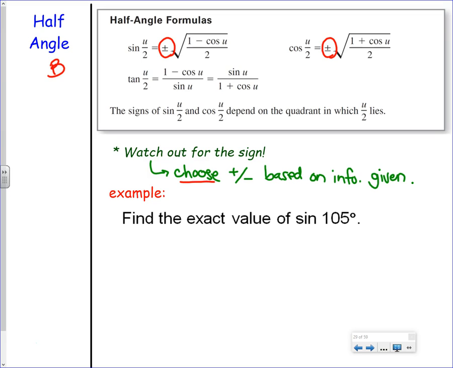It says you gotta choose the right sign based on the information that's given to us, because in one specific quadrant, sine or cosine will either be positive or negative. So the formula says, you know what, as a formula, I can't tell you which one. You're going to have to use your own knowledge of trig functions in the unit circle to answer it yourself. That's what the plus minus is for. You have to figure out which one's the right one.